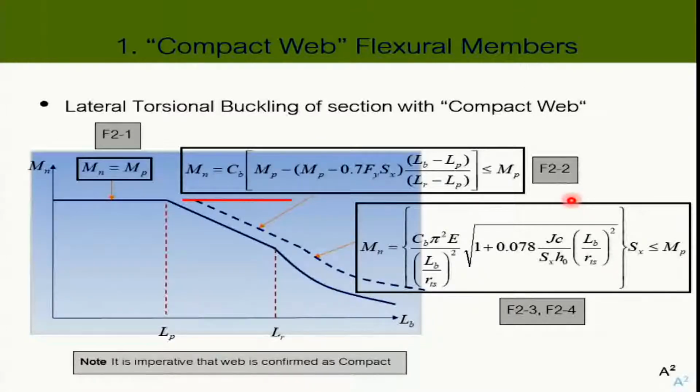Keep that in mind, ladies and gentlemen, because remind me in the next few seconds that I need to talk about the bracing. But so that means when you have the moment coming up and down, positive and negative, your beam will buckle sometimes on top, sometimes on the bottom. So it becomes very, very difficult for the beam to buckle, and it should be reflected in the value of the CB that we use.